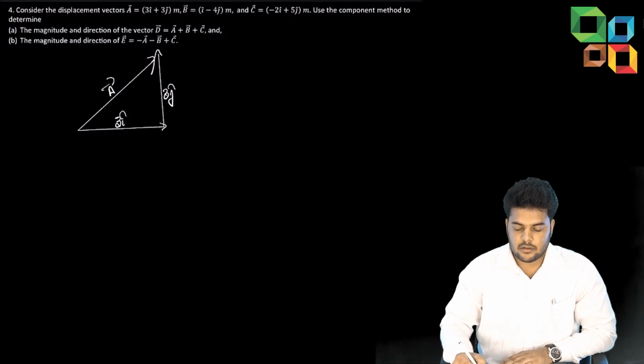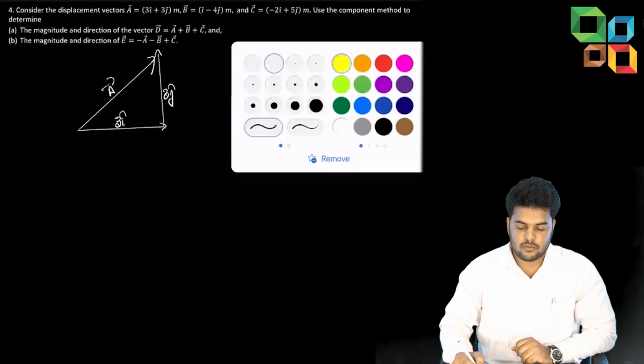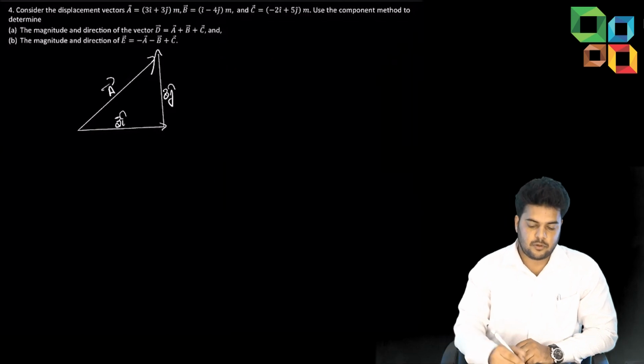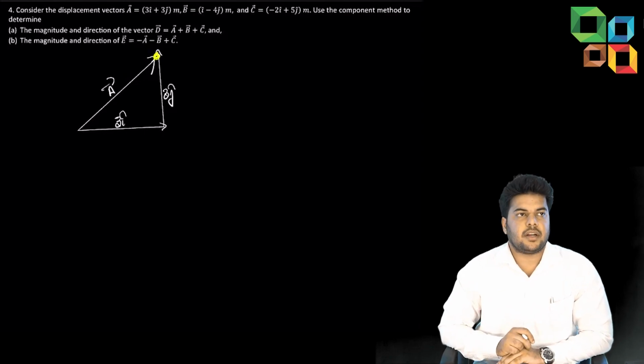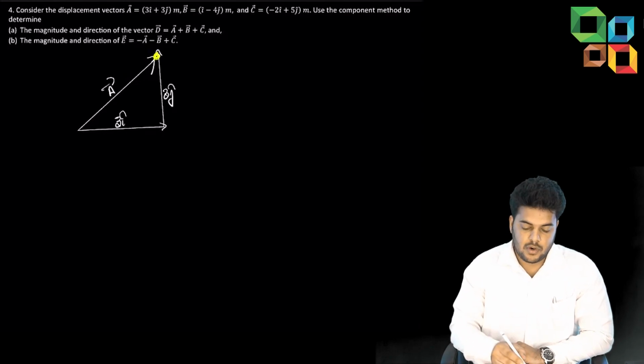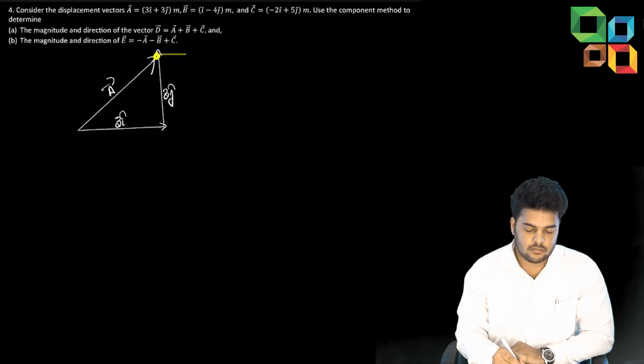Once you have reached there, we have to add the B vector. What is B vector? i minus 4j. So let me do that in yellow. From this point, we add the B vector: one step to the right and 4 steps down.